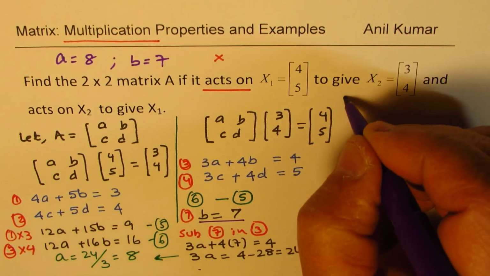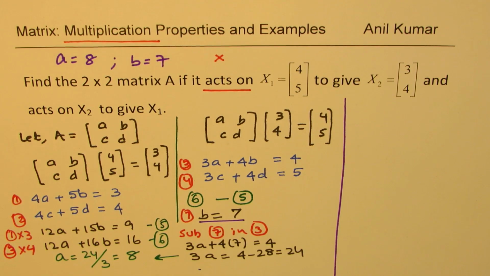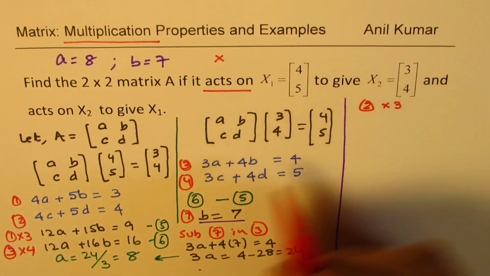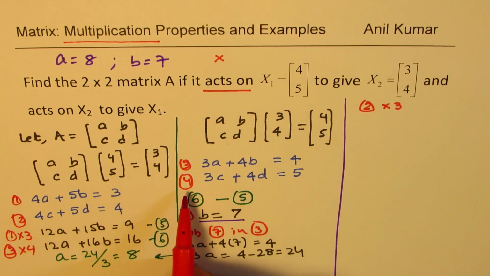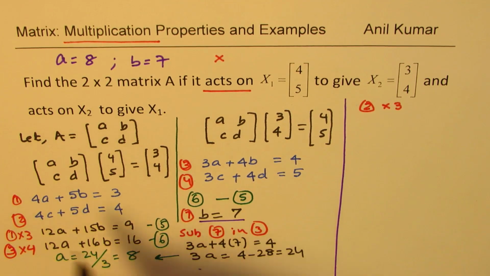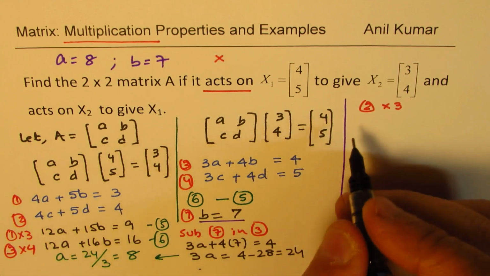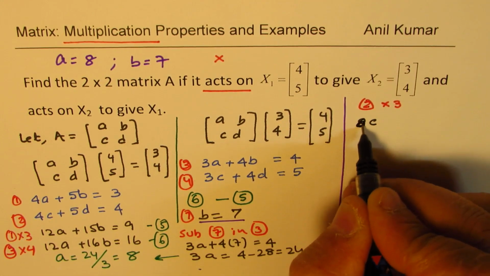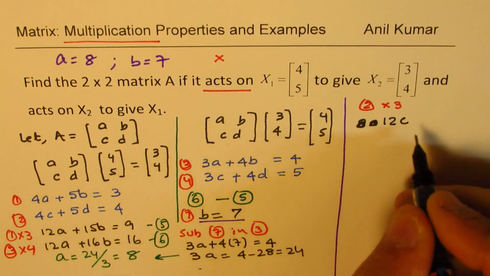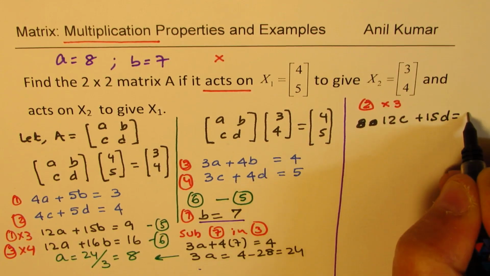Now we do similar operations on equations 2 and 4 to get the values of c and d. We'll do equation 2 times 3, and equation 4 times 4. So equation 2 times 3 gives us 12c plus 15d equals 12.